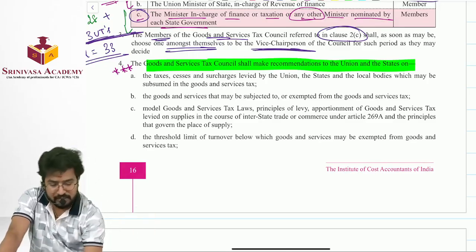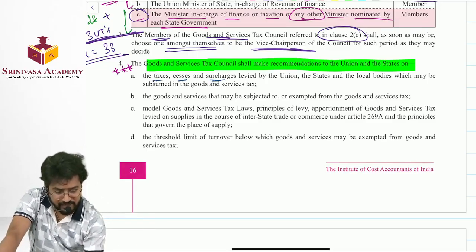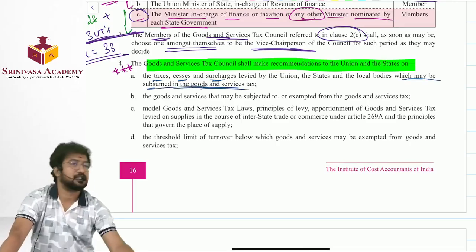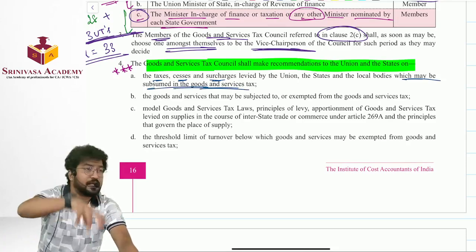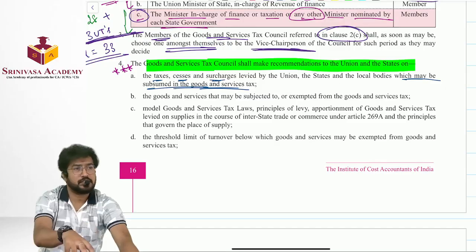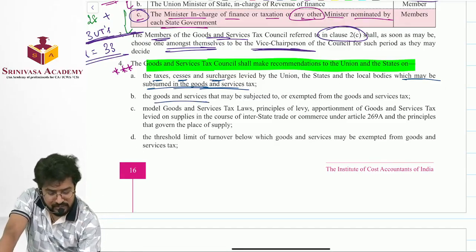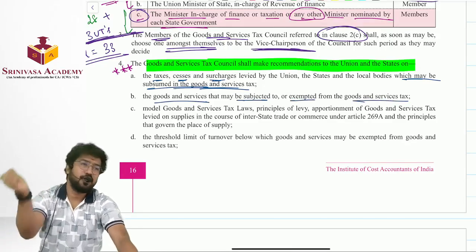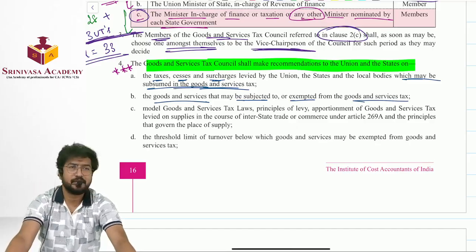Number one, on the taxes, cess, surcharges levied which may be subsumed into GST. That means what all taxes you can eliminate and add into GST. Next, the goods and services that may be subjected to or exempt from GST. That means on what you can charge GST, on what you can exempt GST.